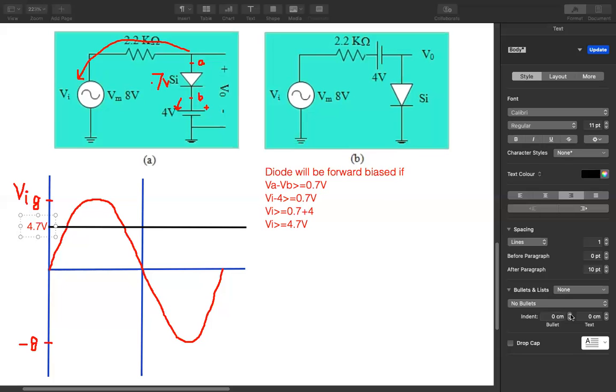Now I am erasing these things, and now I will replace the silicon diode with its equivalent circuit for the forward bias. So in forward bias, the equivalent circuit is a battery connected like this.